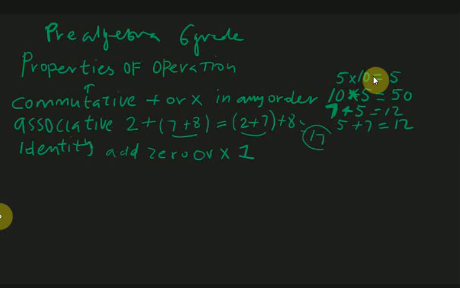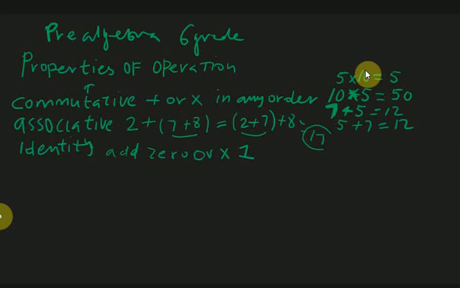For example, 5 times 10, and 10 times 5. By the way, here it's supposed to be 50. So 5 times 10 is 50, and 10 times 5 is also 50.